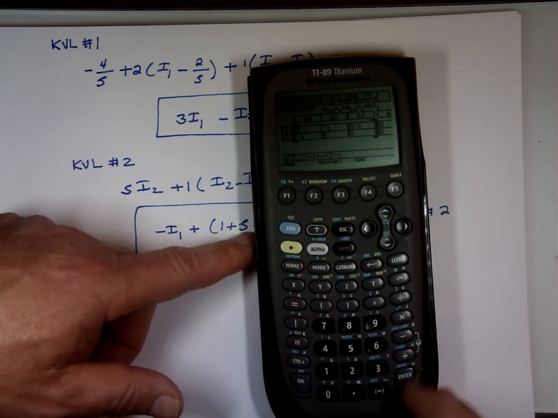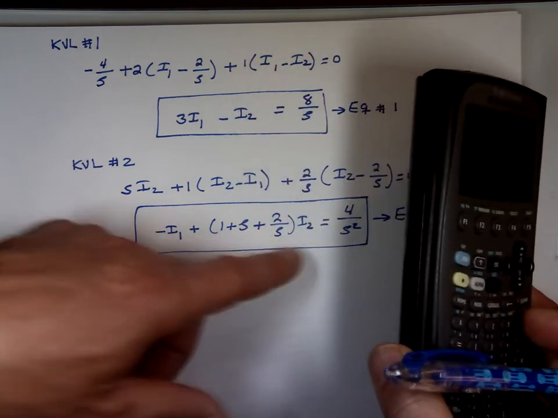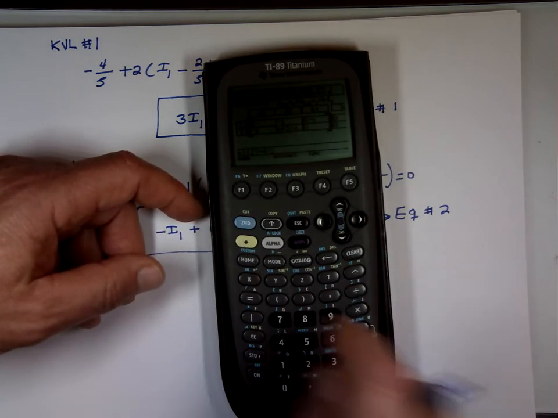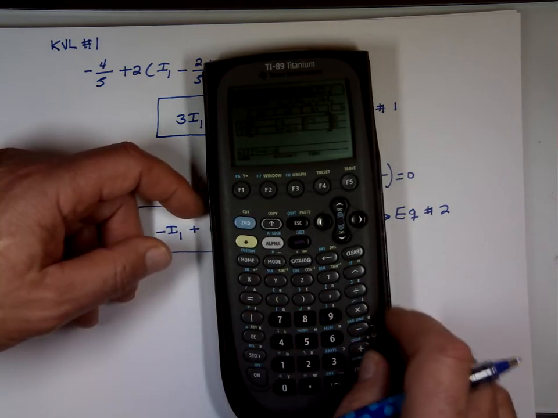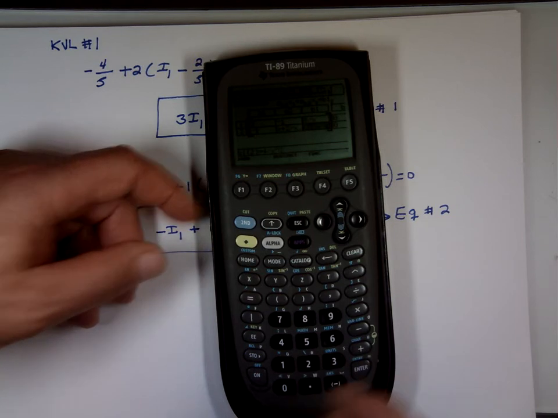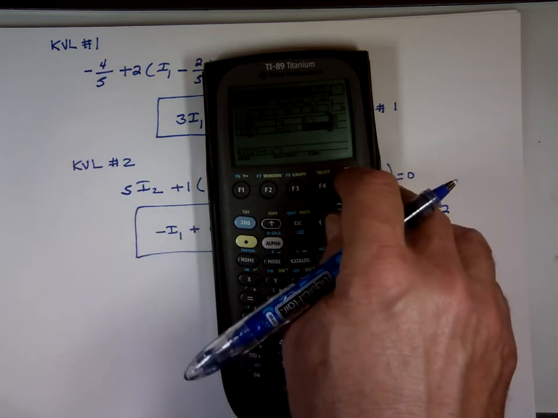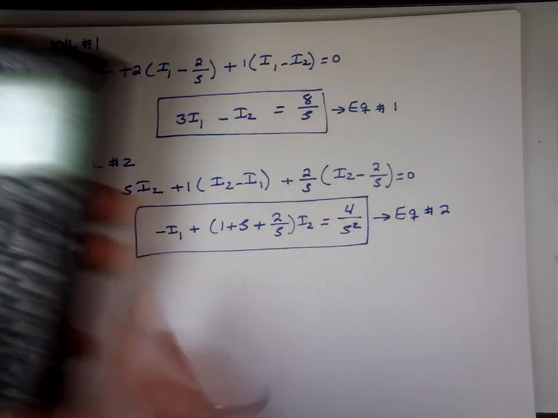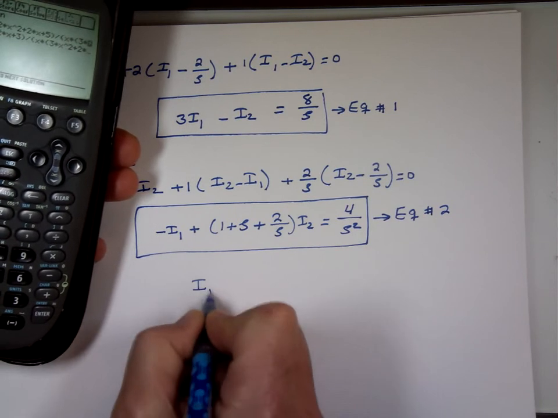And the answer is 4 over x squared. And F5 to solve it. And it's taking a while. Here we go. I sub 1 is equal to... uh-oh.